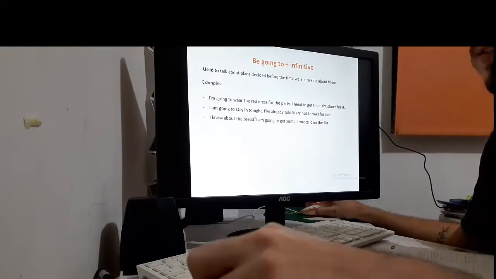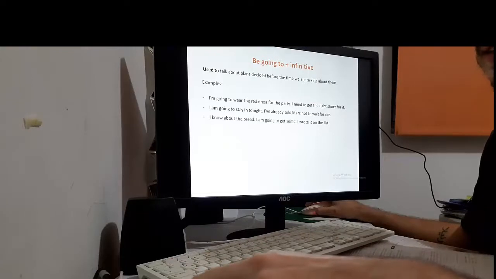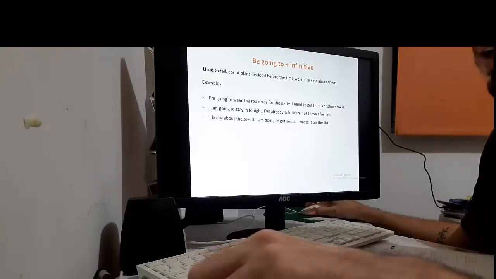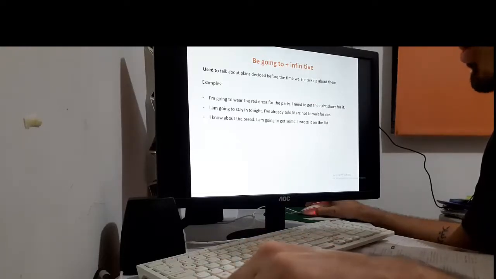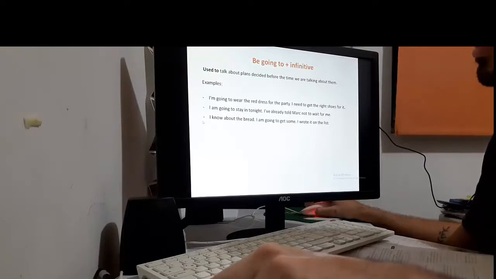So your plan is to stay in your house and you are not going to go out. Okay, the last example is I know about the bread. I am going to get some. I wrote it on the list.